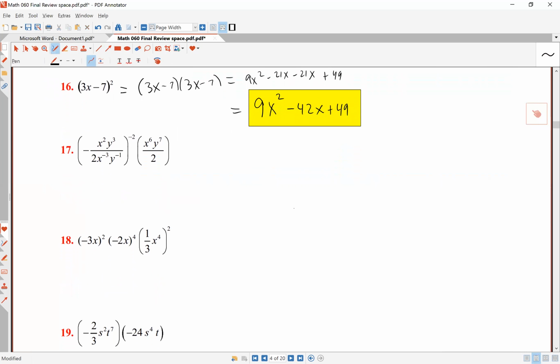Number 17, we have some negative exponents there. I'm going to deal with the negative exponents in the first fraction, inside, I should say. x to the negative 3 goes up the top next to that x squared. So that's x squared times x cubed. The y to the negative 1 goes up top next to that y cubed, and the 2 stays down in the bottom.